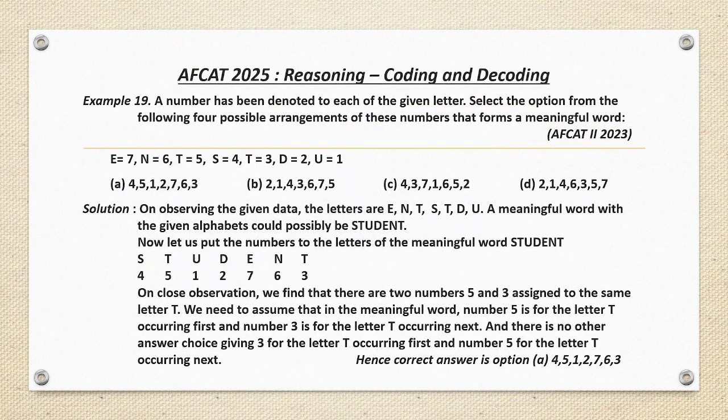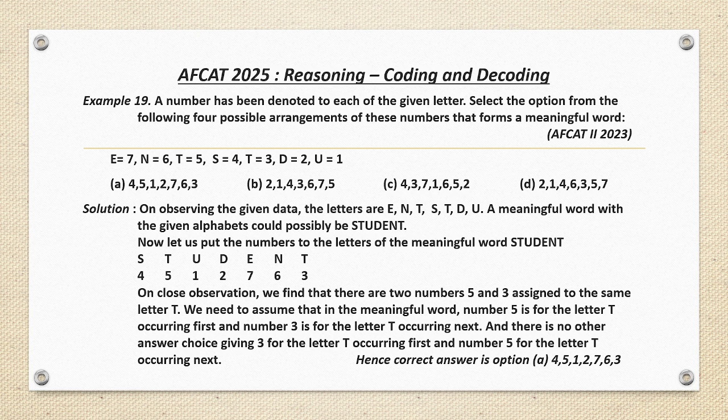Okay. Next, same way there is another arrangement, right? A number has been denoted to each of the given letters. Select the option from the following 4 possible arrangements. Okay. So some letters are given, E N T S T D U, right?